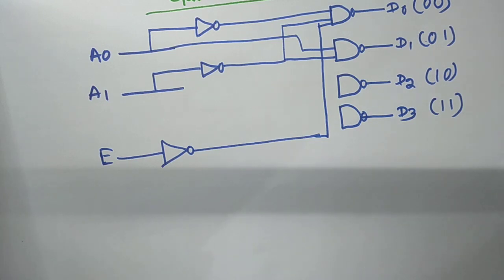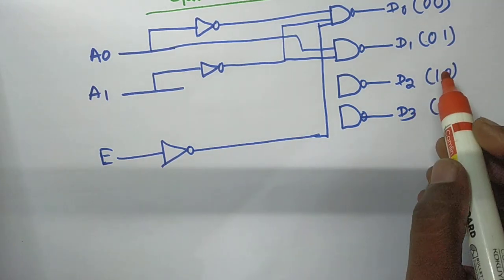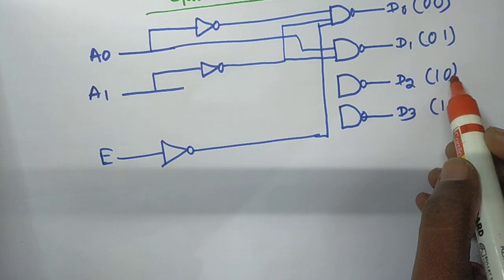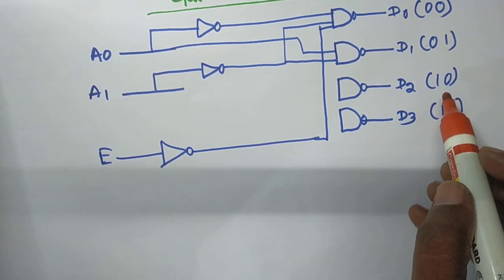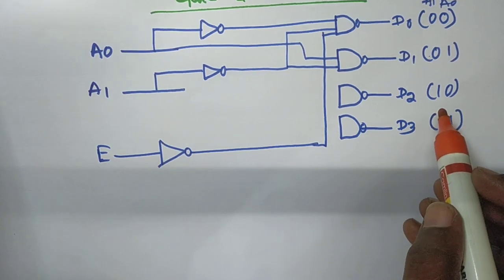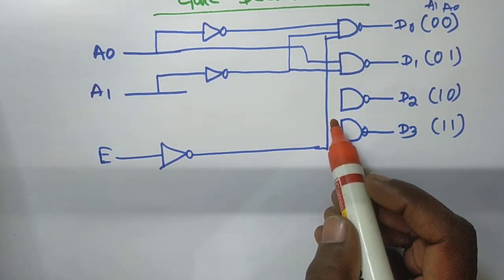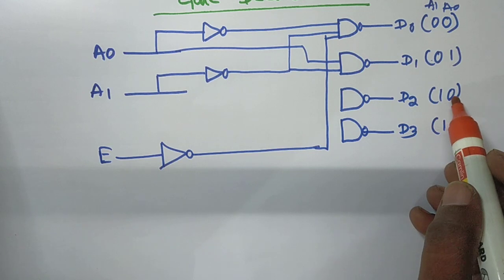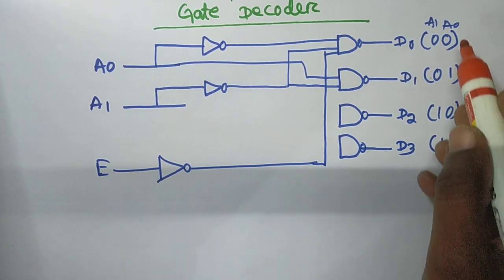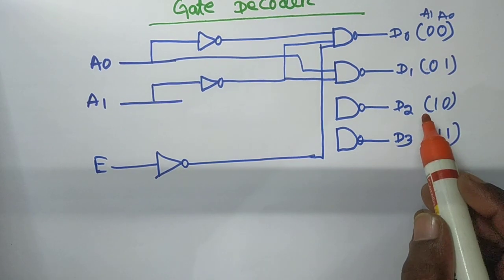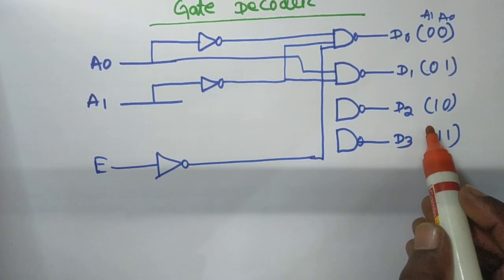Next is 10. If it is 10, then we can define it another way. Here A0 is 0. If A0 is 0, then you see how it is defined.